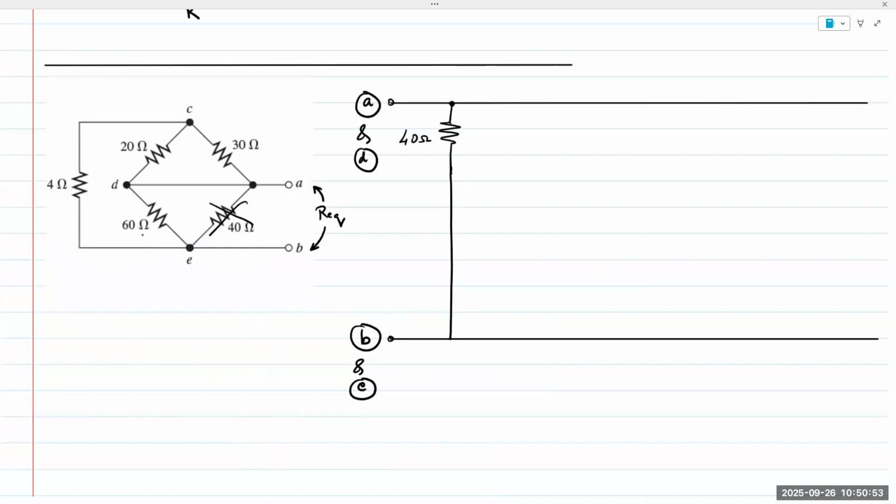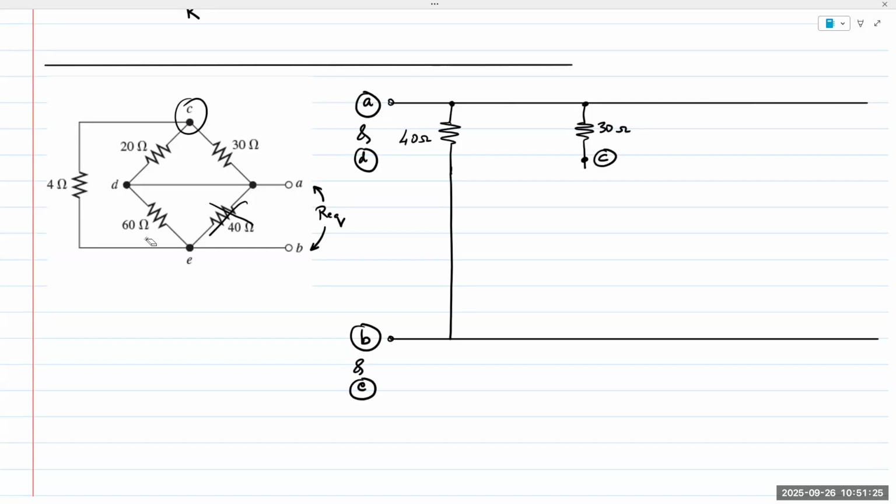Now, the other resistor connected is 30 ohms, so I want to start with 30 ohms. I'll go a little bit away from the 40 ohm resistor. And this is the 30 ohm resistor. Now, the other end of 30 ohms is C, so I'm going to note this as node C, just to keep track.